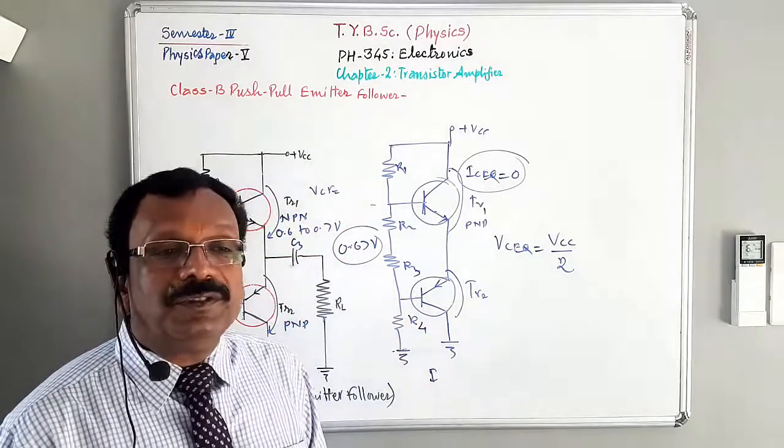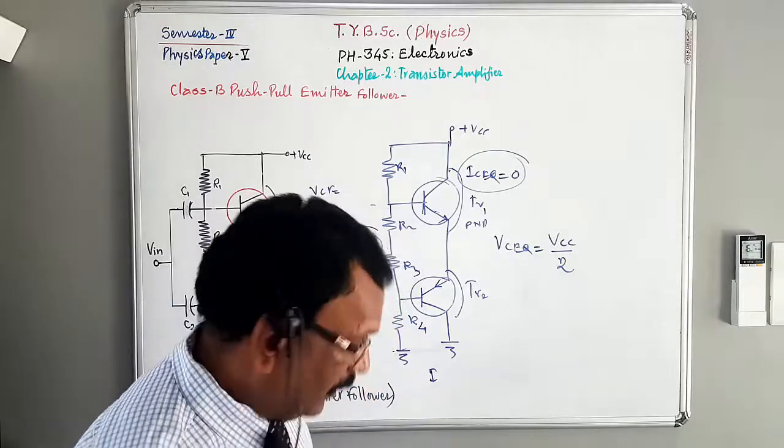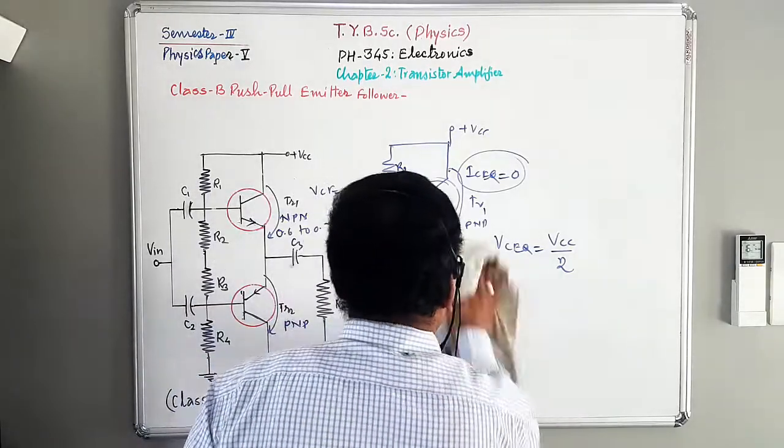Now we are going to see the DC load line for this class B push pull amplifier.